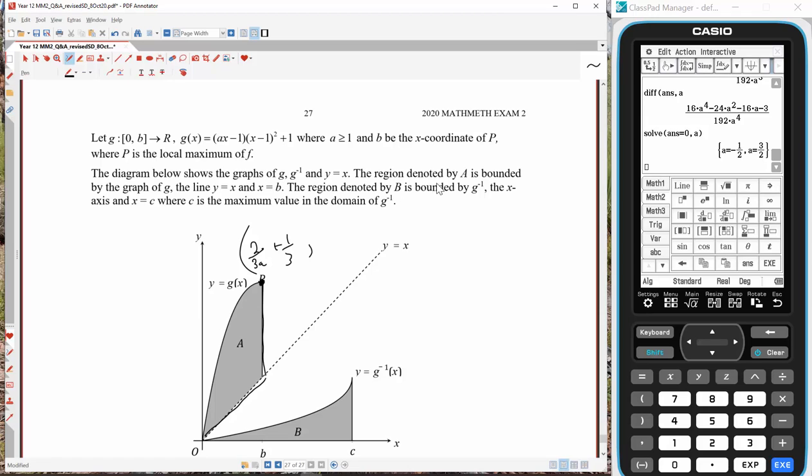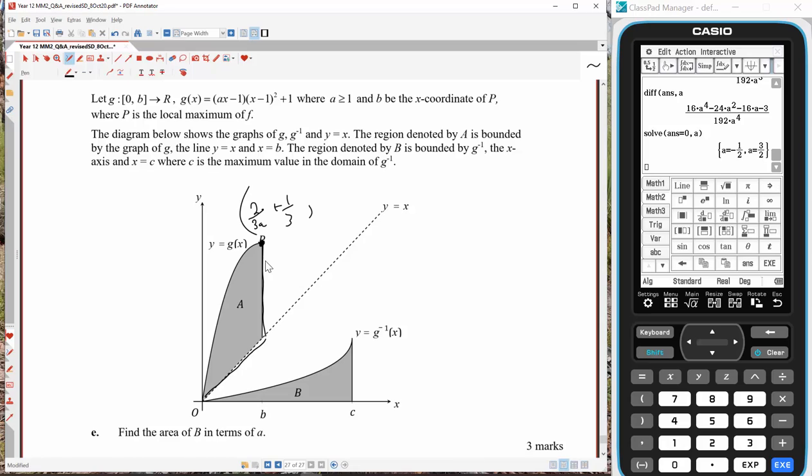The region denoted by B is bounded by g-1 and the x-axis and x equals C, where C is the maximum value in the domain of g-1, which is going to be whatever this value here is.